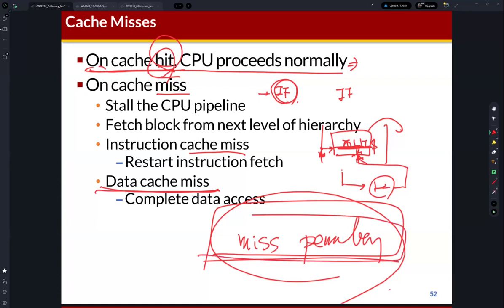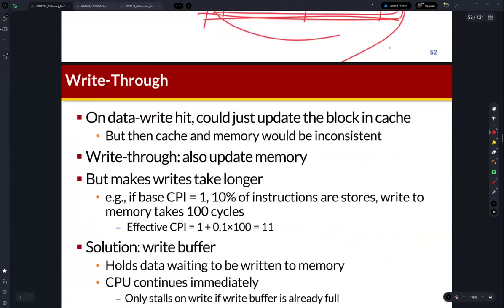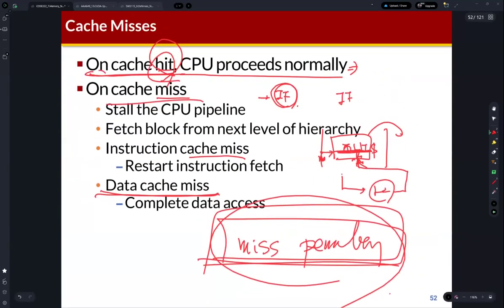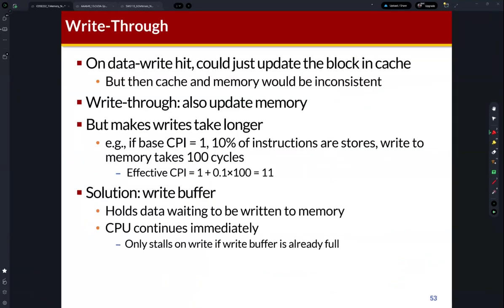So this amount of clock cycles will be wasted by these cache misses. Okay, so you can understand the cache misses like this. Later we will calculate how many cycles can be wasted by cache misses.